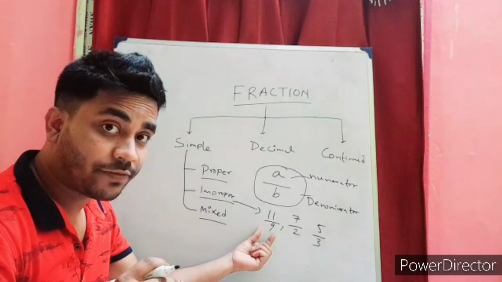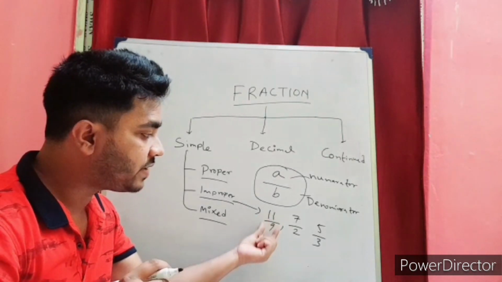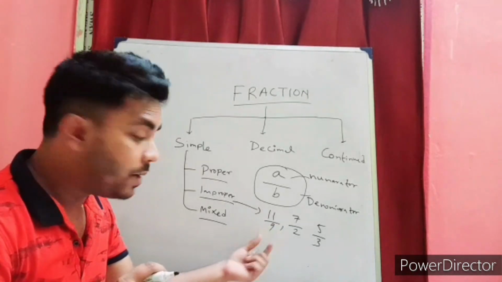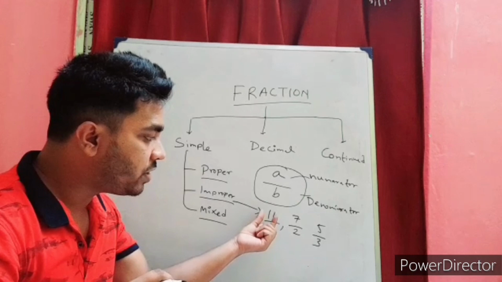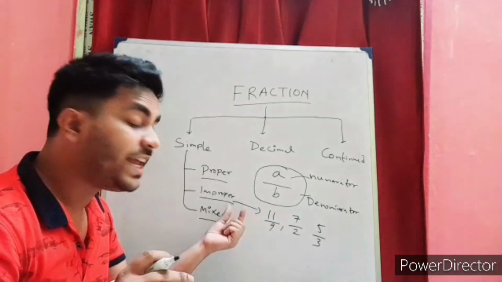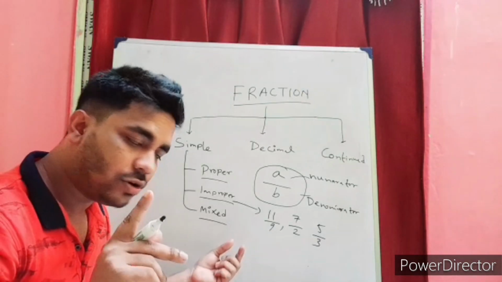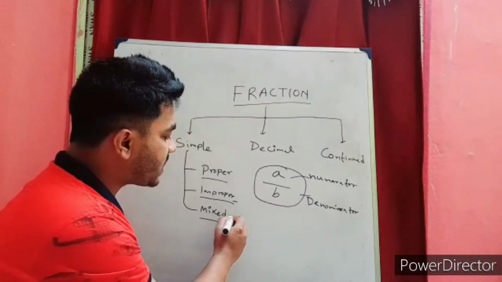But this does not normally happen; in a normal fraction the numerator is always less than the denominator. In an improper fraction, the numerator is greater than the denominator. That's why it is called improper.